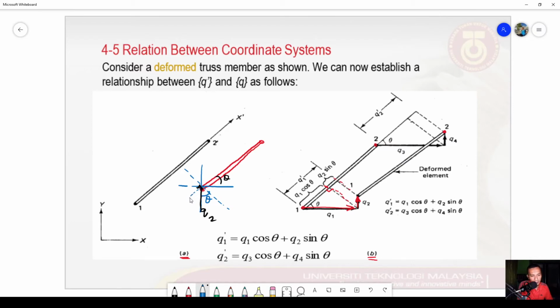And then if we project along the axis of this member, we find that Q2, viewed in this coordinate system, is equivalent to Q2 sine theta, which gives us the distance or displacement equivalent to this portion there.